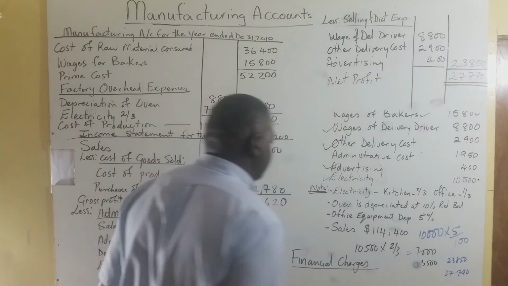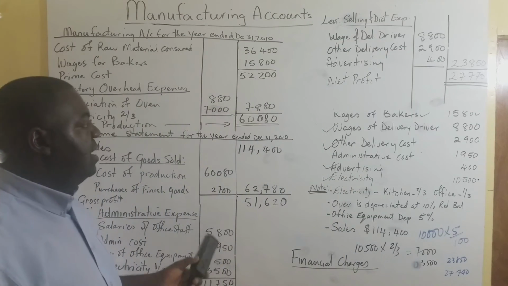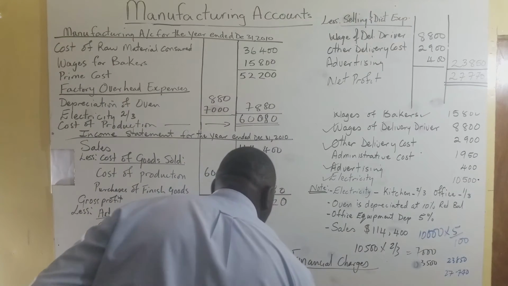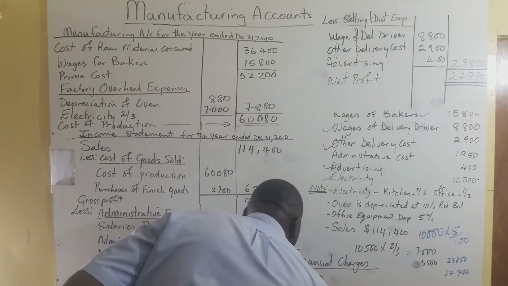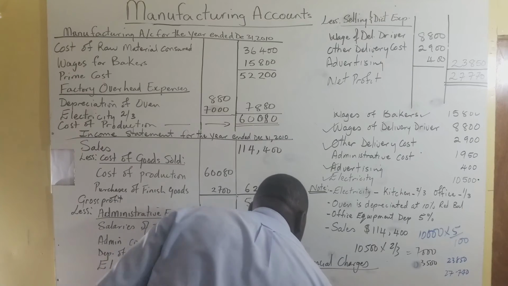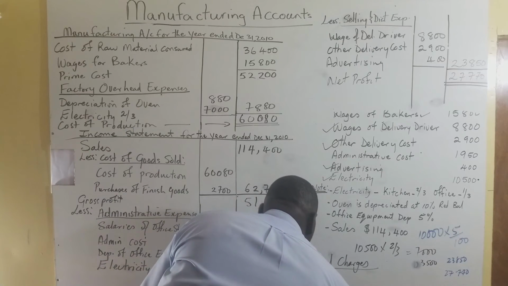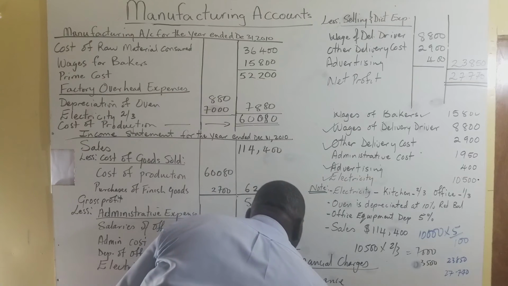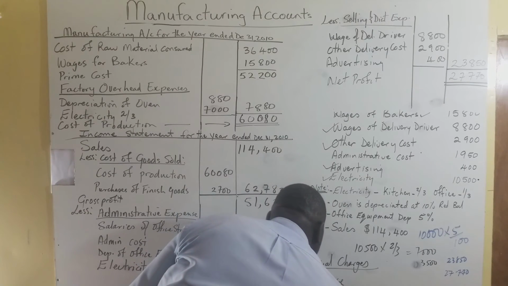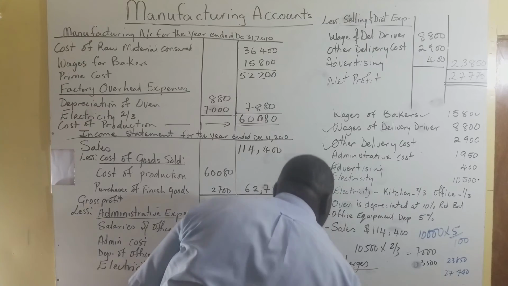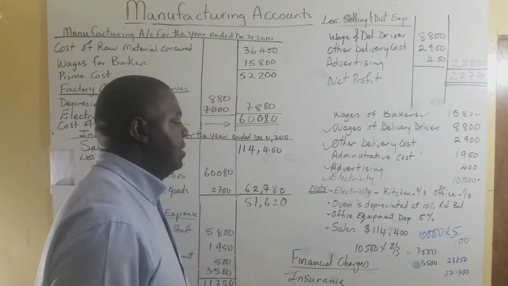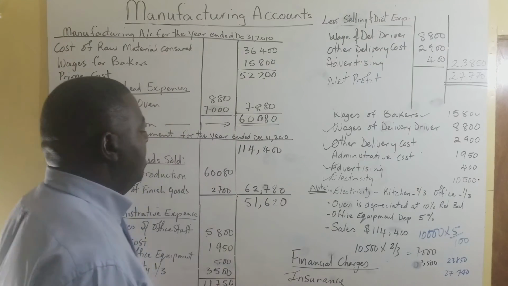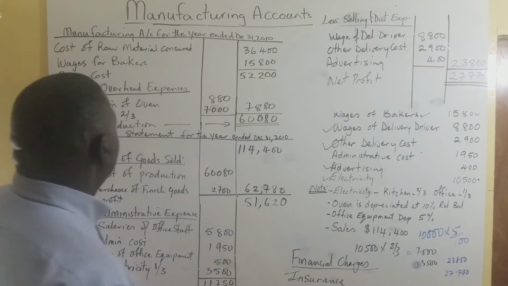So in some questions, you'll have questions relating to financial charges, and that would perhaps include your insurance, and include your bank charges. Those are examples relating to the financial charges.